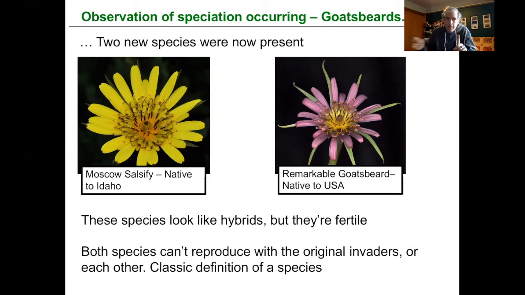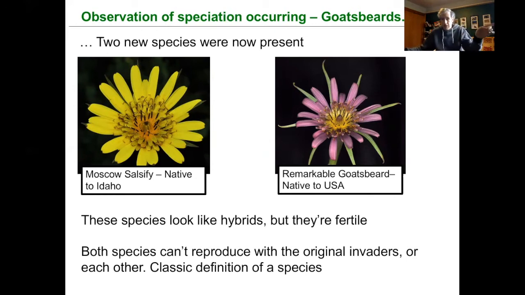But critically, both of these species can't reproduce with the original species that were introduced, and they can't breed with each other. So these new species, so a Moscow salsify can only breed with other Moscow salsifys.